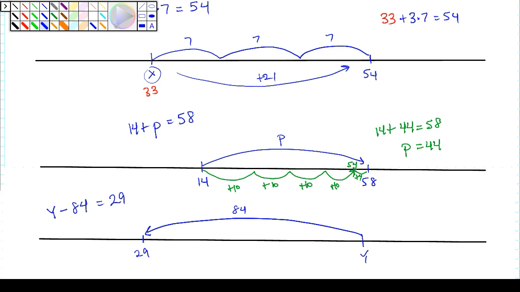So again, I might be able to think about this and go, well, if I go forward by 80, that gets me to 109, and then go forward one more, y must equal 113.